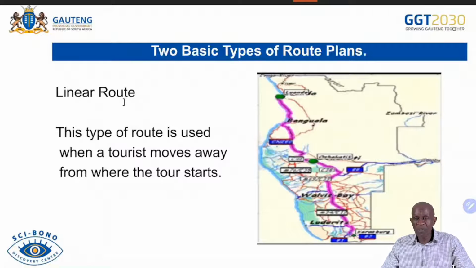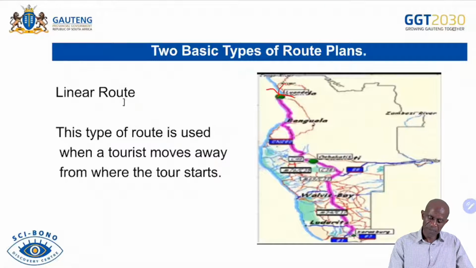You only move away from where you started and you are never to return. So it's indicated on this map in purple. The tour started somewhere here and it ends here. So this is an example of a linear route.